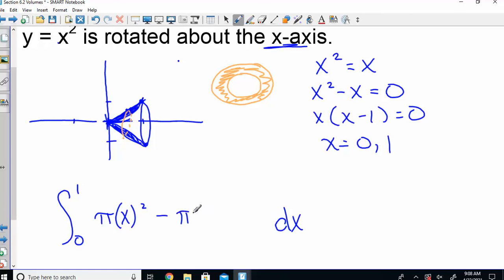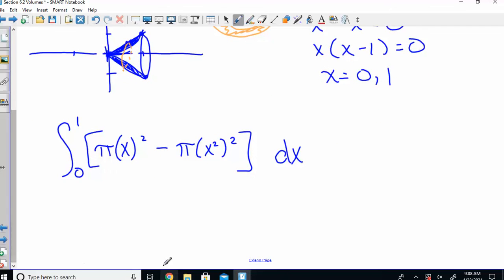So it's a circle again, so pi r squared, but the radius of the inside curve was my x squared. You could pull your pi all the way out and get x squared minus x to the 4th.